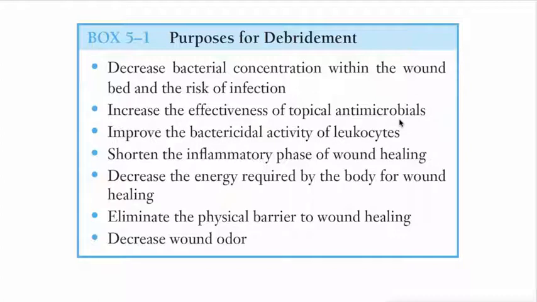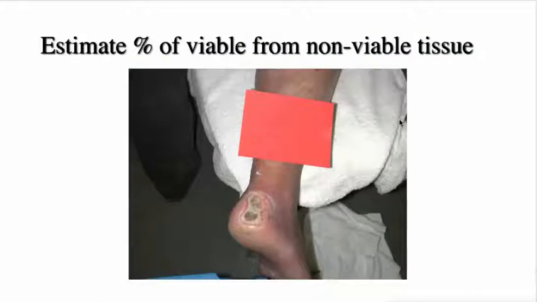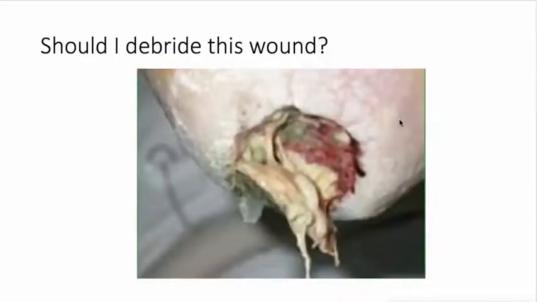We want to decrease the energy required by the body for wound healing. We want to eliminate the physical barrier to wound healing, such as necrotic tissues, and we want to decrease the wound odor.